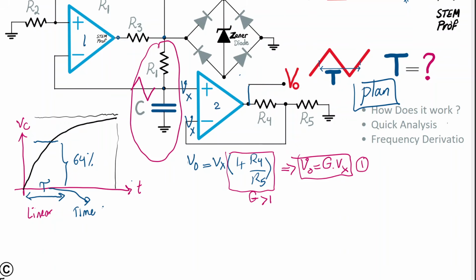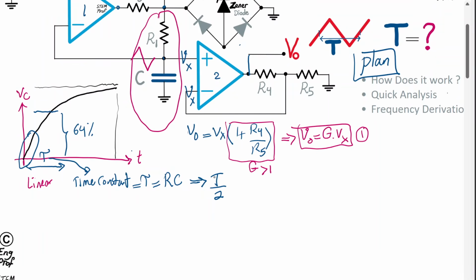So time constant, which is tau, and we know for a simple RC circuit it's just R times C. If we want to use the very close to linear portion of the exponential rise or fall, then one good assumption is that the rise time or the fall time of the triangular waveform is half period.